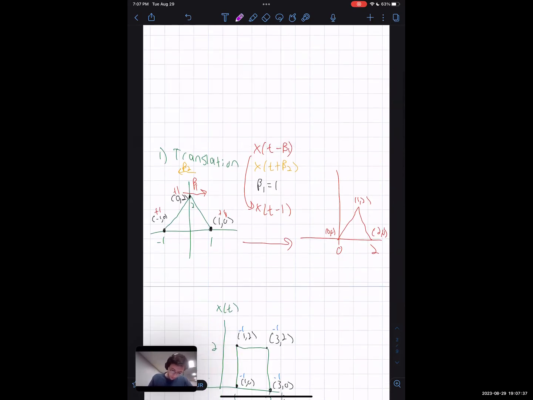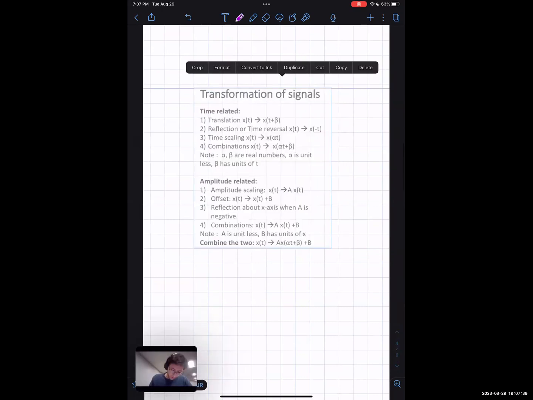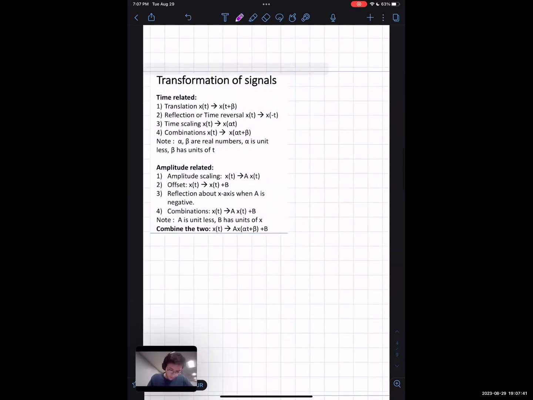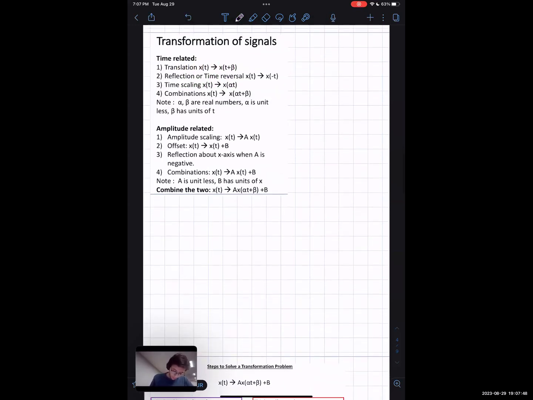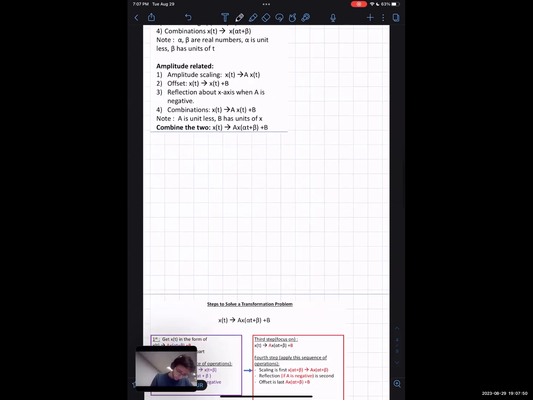So now we're going to hop into the next transformation. We just finished translation. Now let's go over reflection, or time reversal. So if we have some arbitrary signal x of t, once again, here's the y-axis.